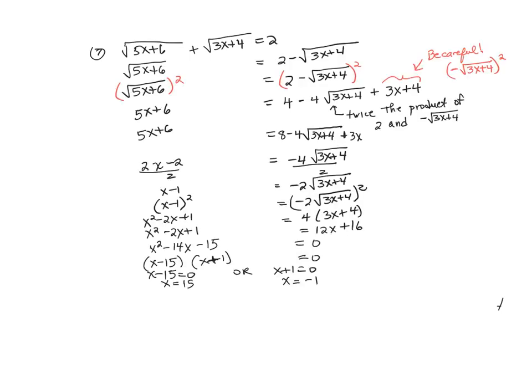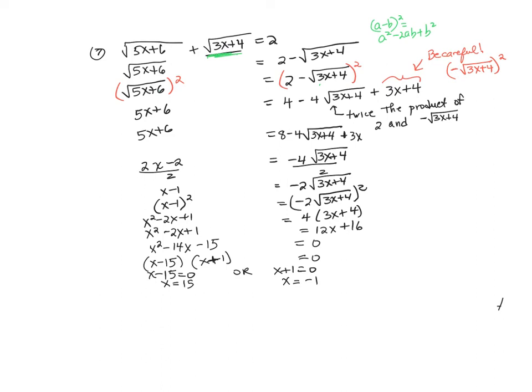Okay, so we solved it here. I isolated this radical, brought it over to the other side, this one here. And then we squared each side. Just be careful here. When we square a binomial, it's useful to know that (a minus b) squared is equal to a squared minus 2ab plus b squared.